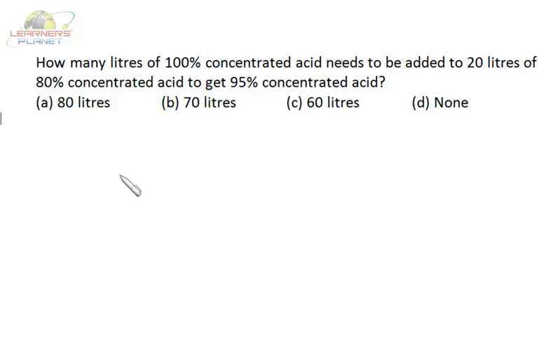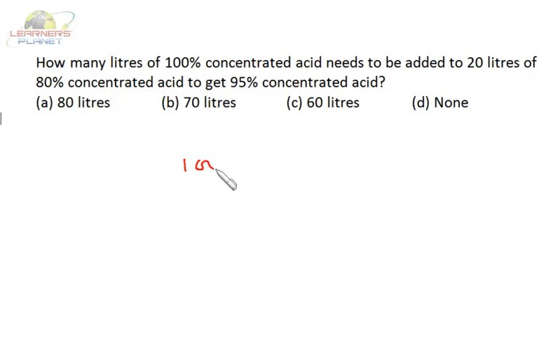Now friends, do this simple problem on your own and match your answer with mine. How many liters of 100% concentrated acid need to be added to 20 liters of 80% concentrated acid to get 95% acid?